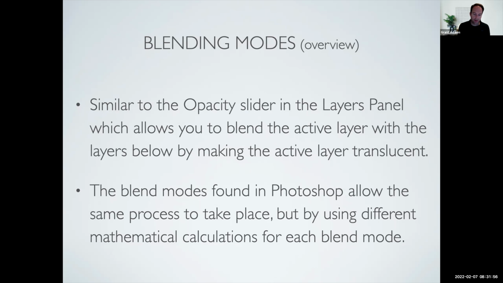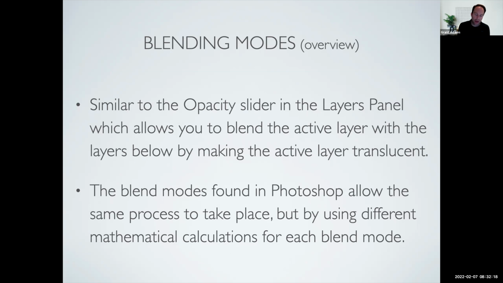Now, if I took that white piece of paper and I put the white piece of tracing paper on it, and I took a yellow piece of tracing paper and I put it over the top of it, it would tint the whole drawing yellow. So what blending modes are doing in a software way is they're controlling how that layer on top is applying to the layer below.